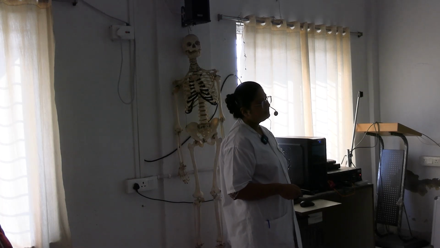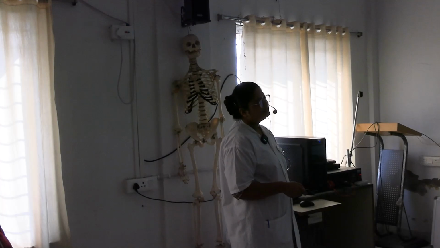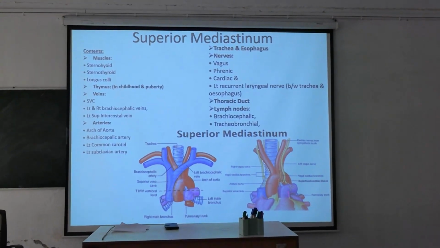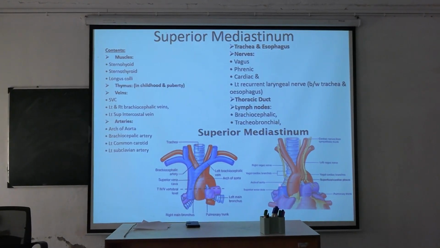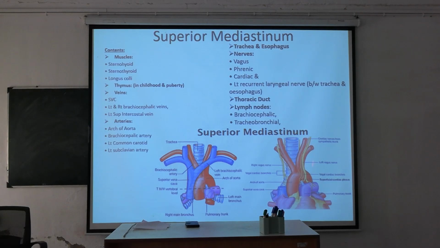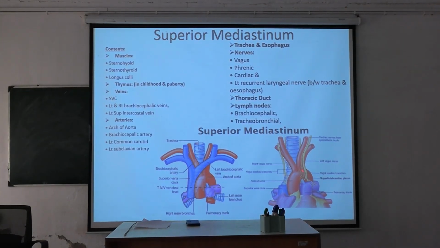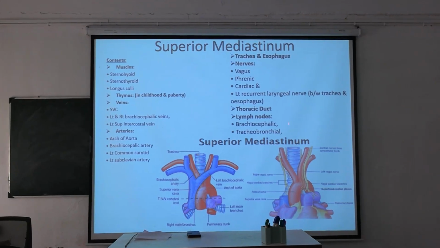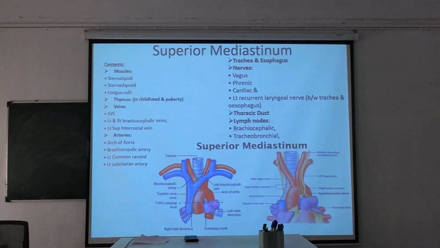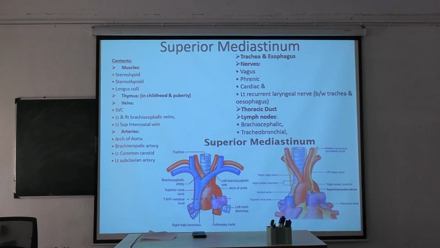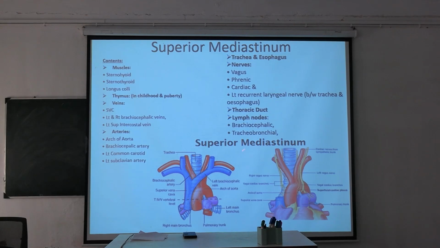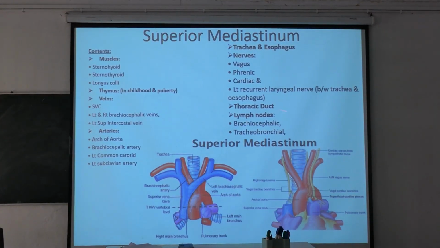It is hooking around the undersurface of this arch of aorta. See, this is a branch from this left vagus. The left vagus gives a branch, the left recurrent laryngeal, which is hooking under the undersurface of this arch of aorta, then ascending upward in the tracheoesophageal groove. Okay, understood?